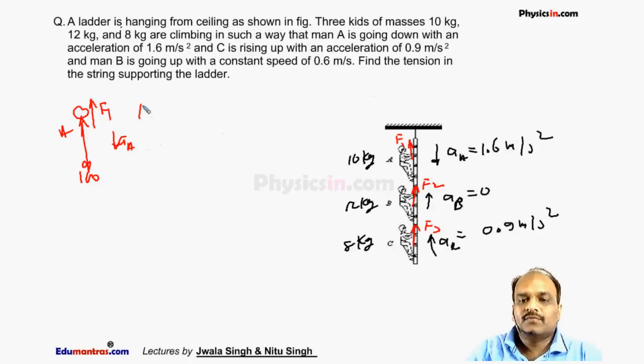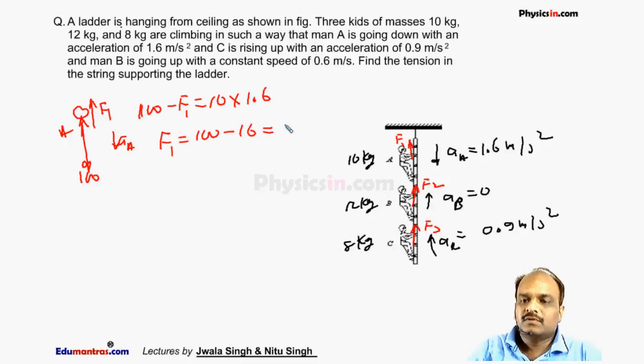So we can say 100 minus F1 is equal to 10 into 1.6. So from here F1 is equal to 100 minus 16, that is equal to 84 Newton. This is the force exerted by kid A on this ladder.